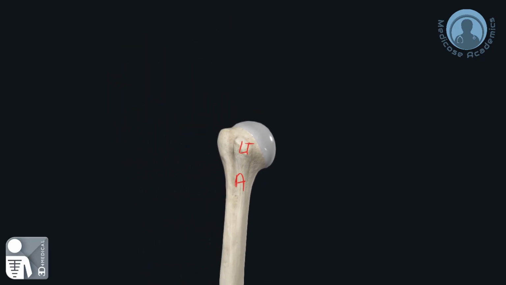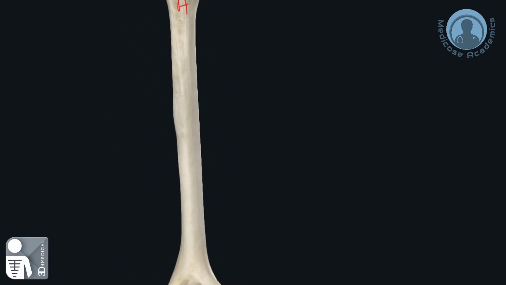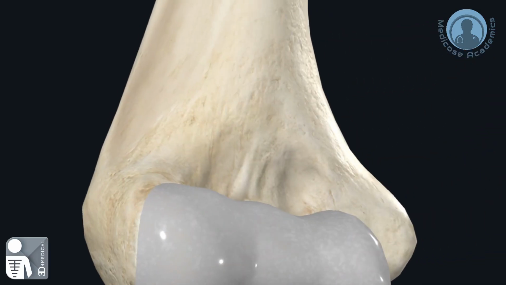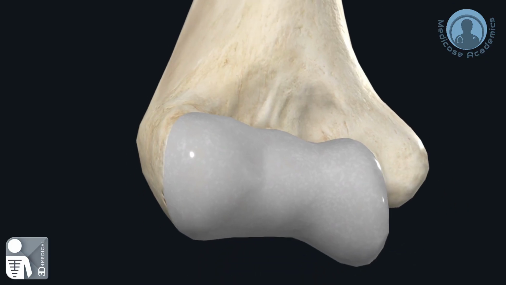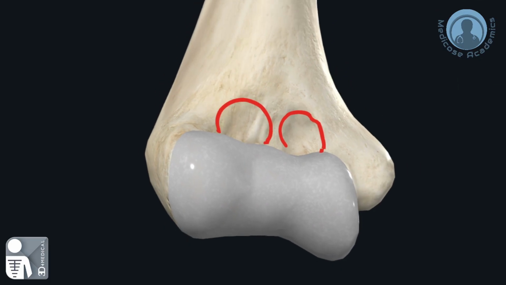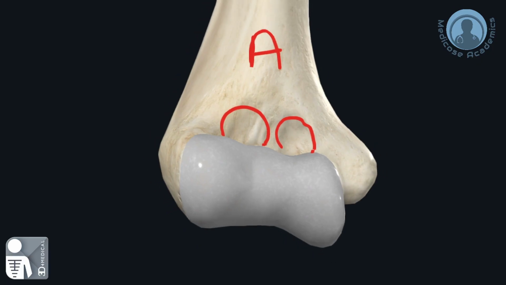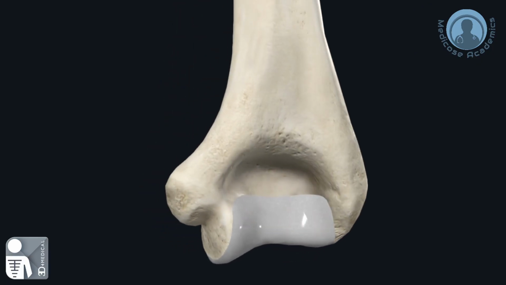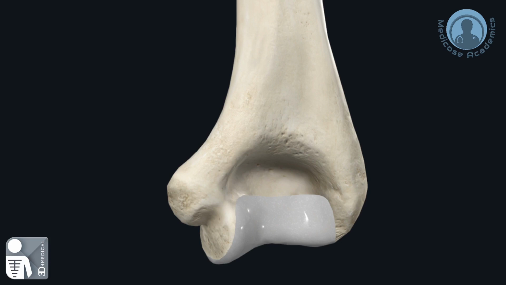You can also identify it from the lower end if you are getting confused. In the lower end, the anterior aspect has two foci, this one and this one. And if we turn around, on the back there is only one large fossa.